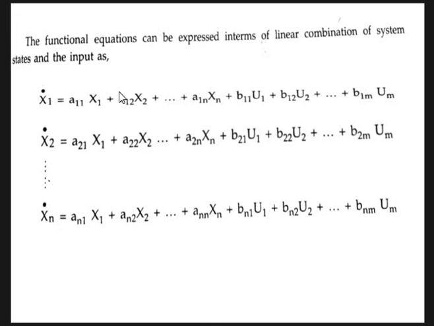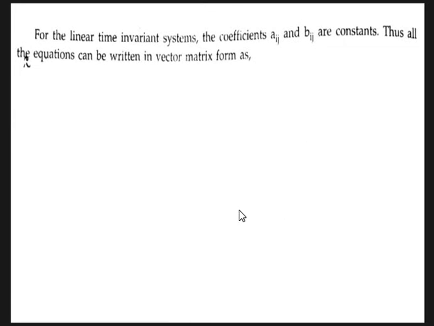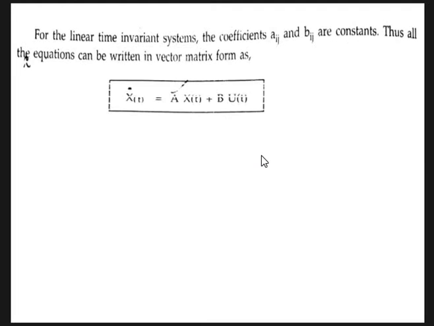So finally, this format can be represented in a simple way, where a ij and b ij are constants. This can be represented like this: x dot of t is equal to A into x of t plus B into u of t.